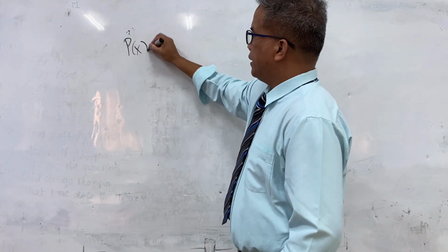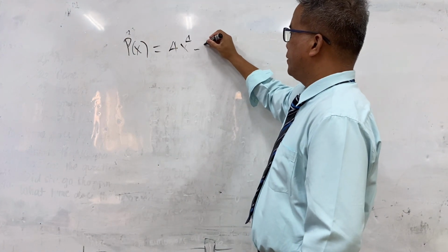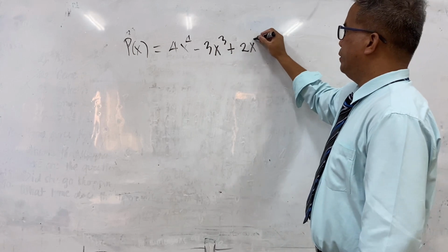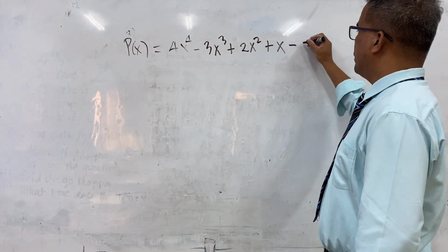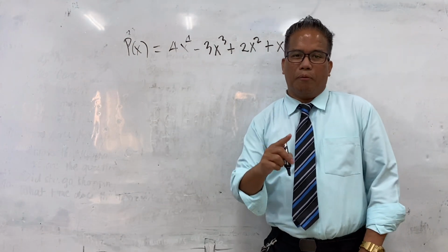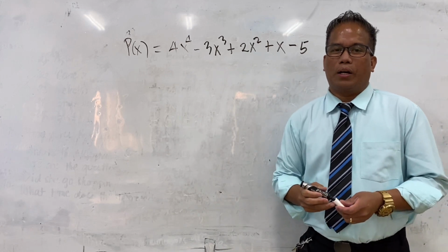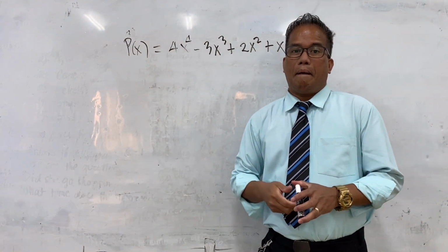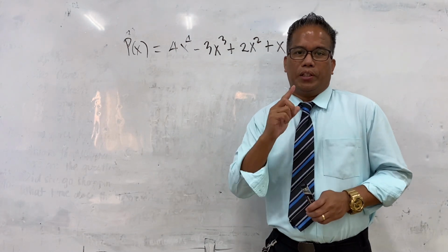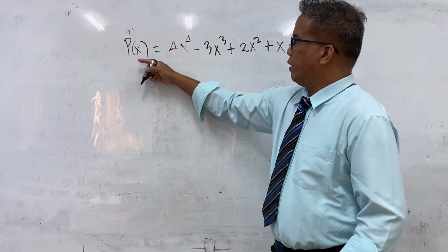P of x is equal to 4x raised to 4 minus 3x cubed plus 2x squared plus x minus 5. If this is the given polynomial, we are going to determine the possible combination of positive and negative zeros. So first thing to do is we will solve this using P of x.